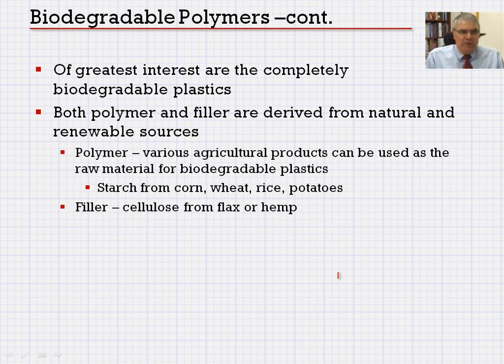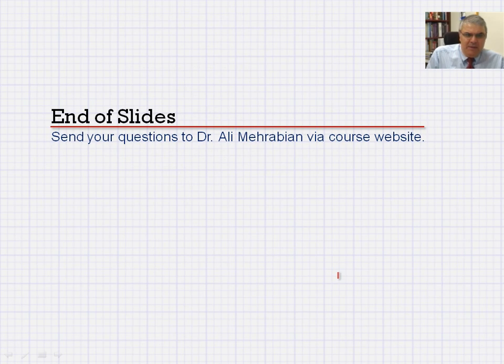Both the polymer and filler are derived from natural and renewable resources. If we can develop them from corn, wheat, rice, potatoes, and get cellulose from flax or hemp and use them as fillers, and the polymers that I just mentioned, the starch, then that'd be very helpful.